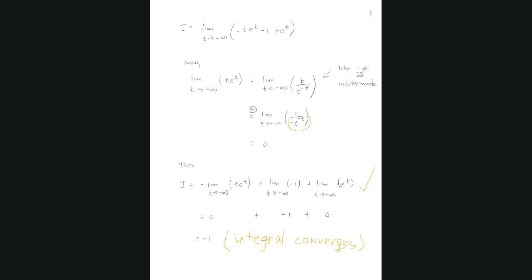E to the negative t, as t goes to negative infinity, is going to be like e to the negative negative infinity, which is e to the infinity, which is infinity. So it's like 1 over infinity, and that equals 0. The negative's not the issue in front. It's how the functions behave. Okay, good question.